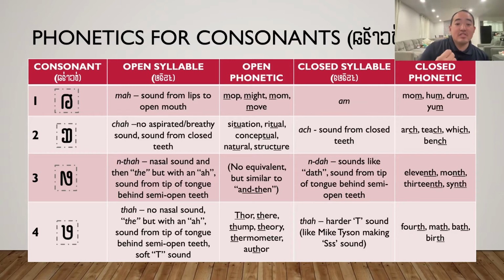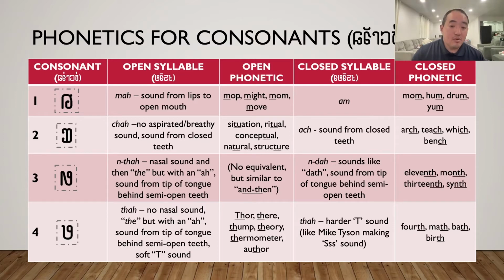The sound should come from the tip of your tongue, right behind that ridge, where the gum and the teeth connect. Your mouth should be semi-open, and it's a softer T sound. Like you'll see in the word Thor, or there, or thump, or theory, or thermometer, or the word author.